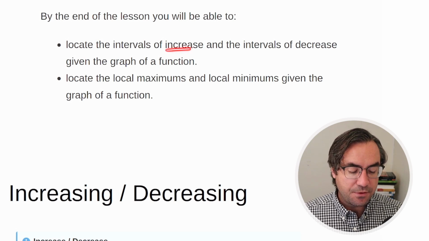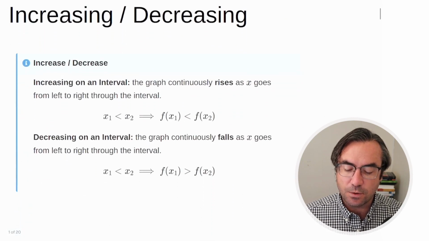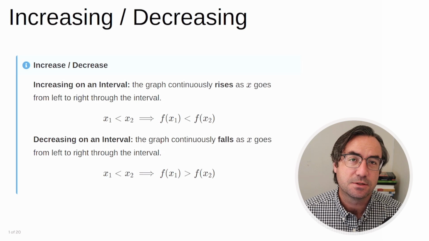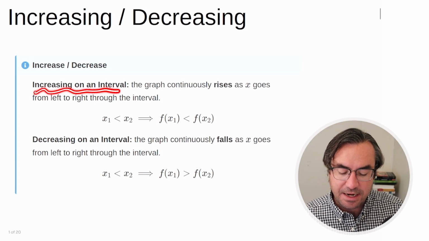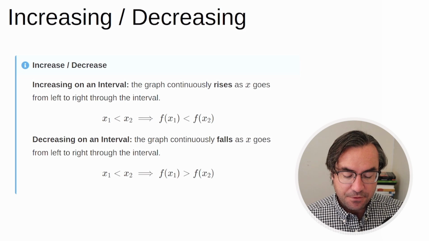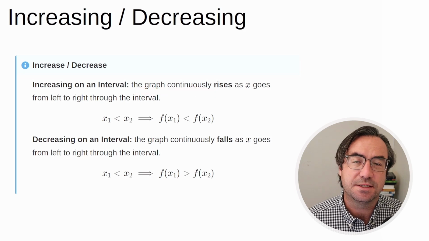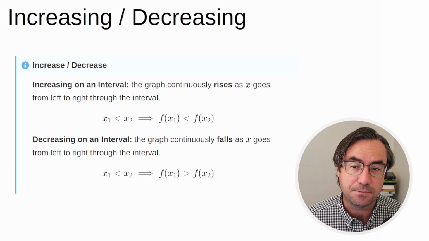So let's start with increase and decrease. What do we mean by a function increasing and what do we mean by a function decreasing? Let's look at our definition. Let's start with increasing on an interval. We say a function's increasing on an interval if the graph continuously rises. It goes up as x goes from left to right on that interval.